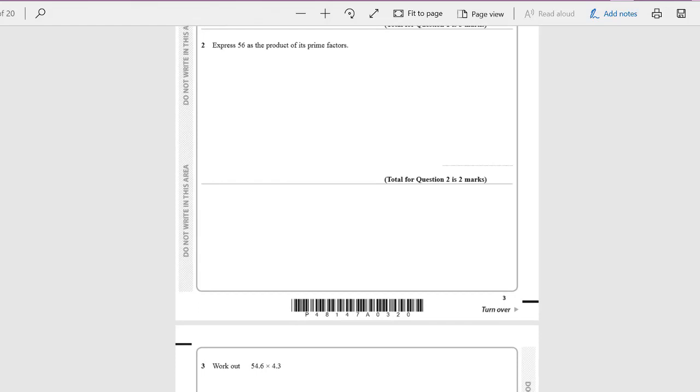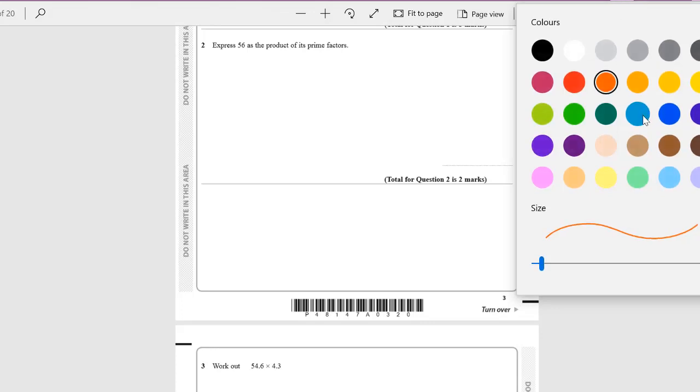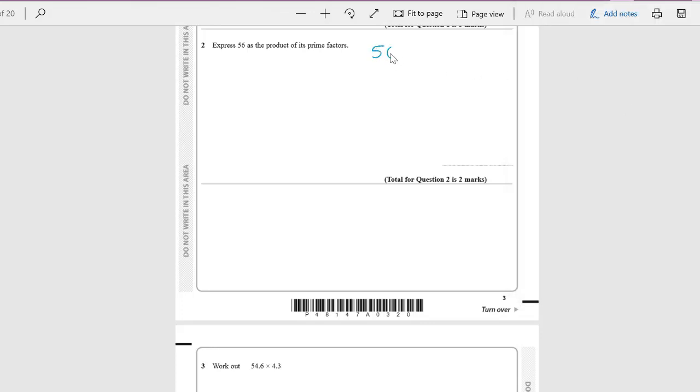Question 2: express 56 as a product of its prime factors. So let's break it out using a factor tree. The first thing is 2 and 28, then 2 and 14, then 2 and 7.